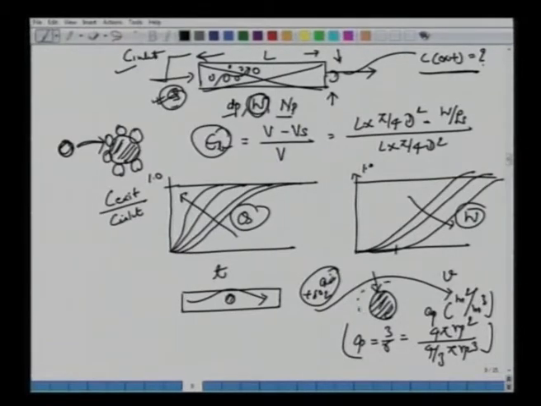Recall your knowledge from the first few lectures: there will be a film resistance represented by Km. Pictorially, we have a solid, non-porous, no pores inside, and then there is a concentration profile.